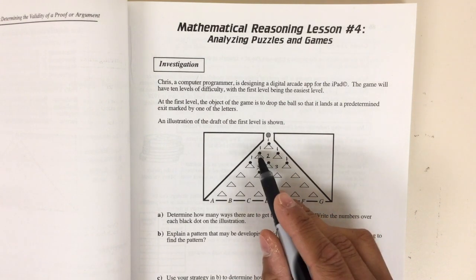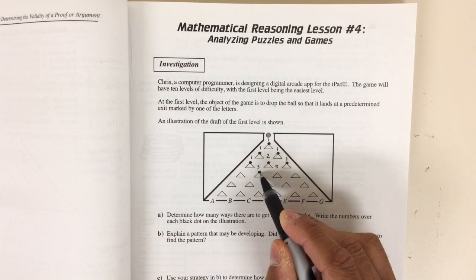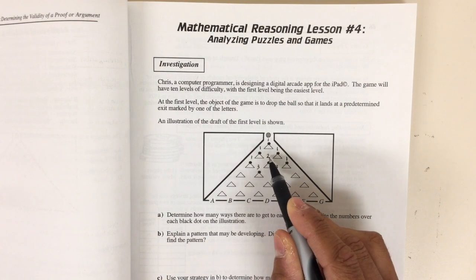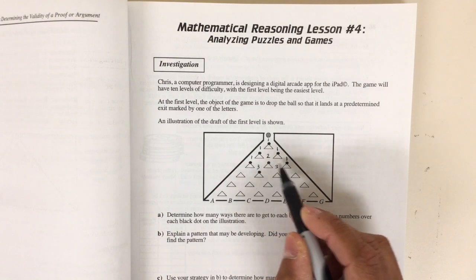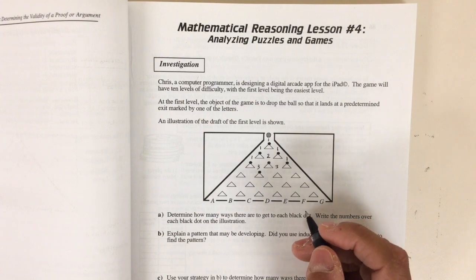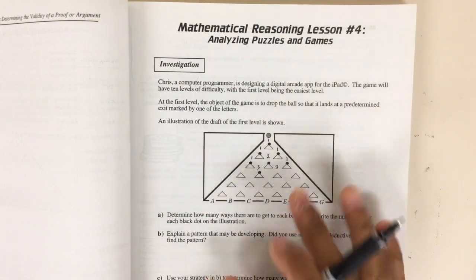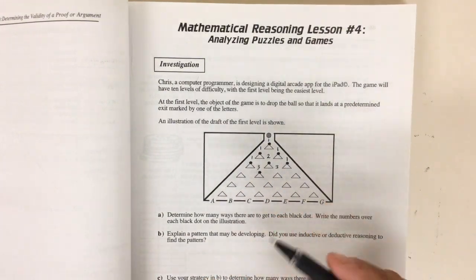And so here, for this dot, it would be 1 plus 1. If we look at this dot, 1 plus 2 is 3. Right now we're kind of making an educated guess based off of this information, and so this looks like, well, this is inductive reasoning.